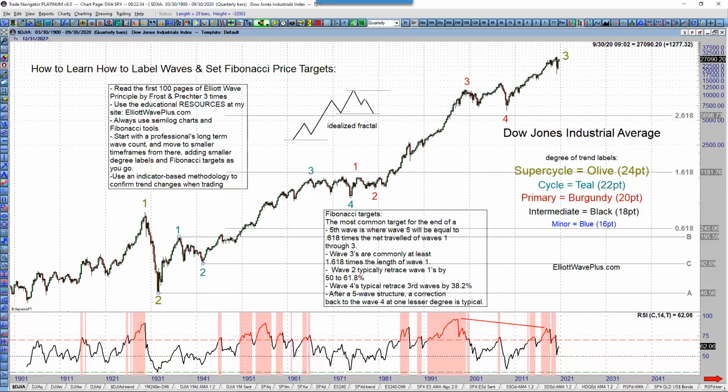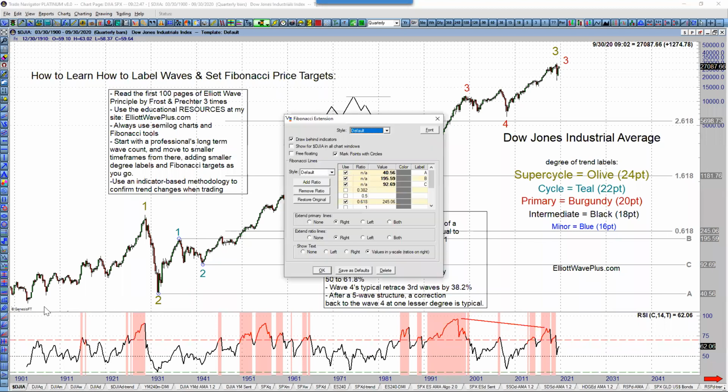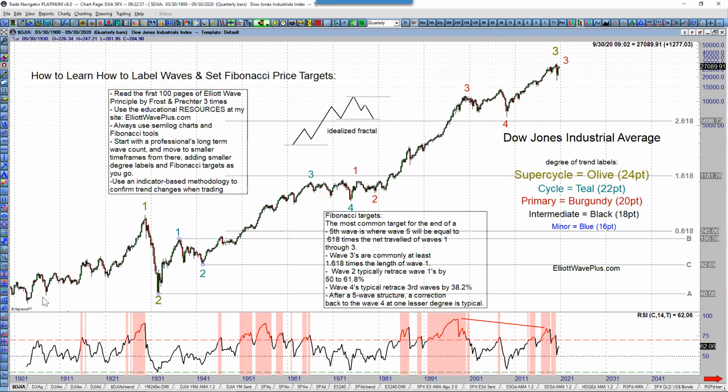And this would be a supercycle wave 3 top, which, as you will recall, was one of the first suggestions I made based on this Fibonacci starting, let's see, right here at the 1903 low.